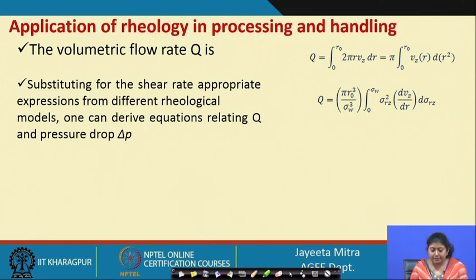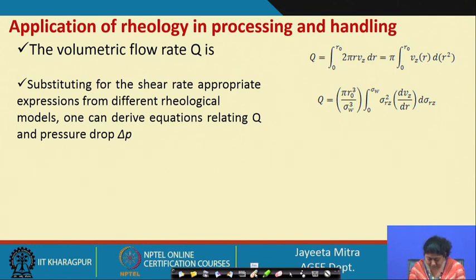Okay. So, Q, which is the volumetric flow rate, is actually the area and the velocity, right. Velocity has a relation with the pressure drop that we can get from the Hagen-Poiseuille equation.